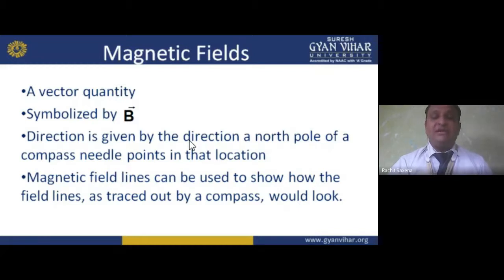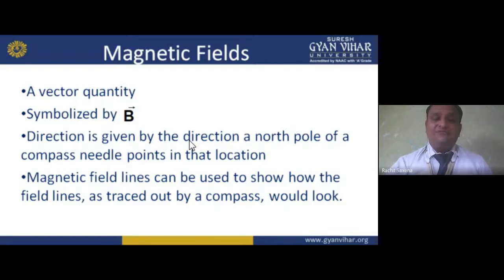With the compass needle, you can identify the North Pole and South Pole very easily. The direction is given by the direction a north pole of a compass needle points in that location. So we can easily identify through the compass needle that it is a north pole. The needle moves there, so we can say it is a north.